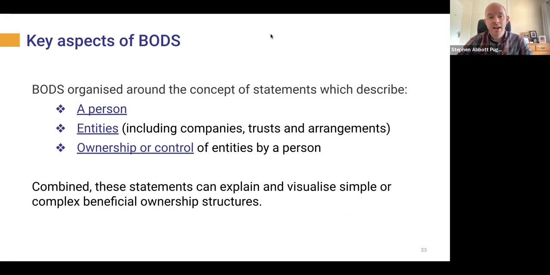or what the ownership or control relationship is. Now, just to say, in most cases, beneficial ownership can be fairly straightforward. It can be this person owns or controls this company 100%. That's straightforward. You've got a person, you've got an entity, you've got an ownership or control stake. In more complicated cases, what we tend to see is that perhaps a company is owned by another company, which is owned by another company, which is owned by another company, which is ultimately owned by a person.